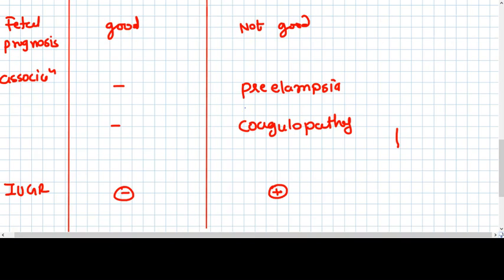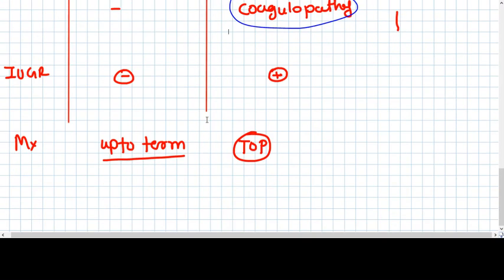Coagulopathy and a lot of other things are associated with abruptio placenta, while in placenta previa they are not. The very basic reason which you should understand is this: IUGR is not seen in placenta previa, but it is seen in abruptio placenta. Why?